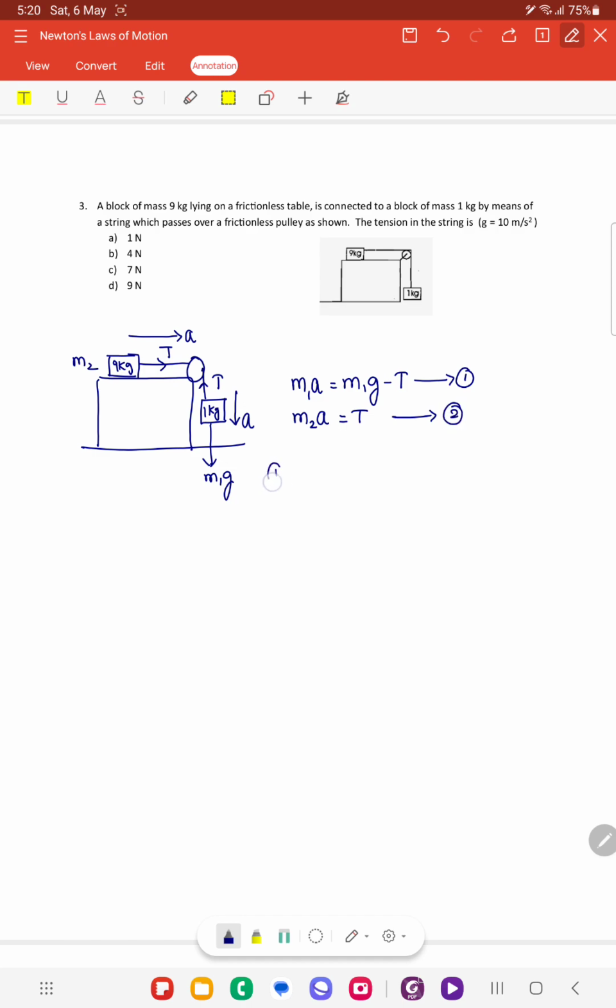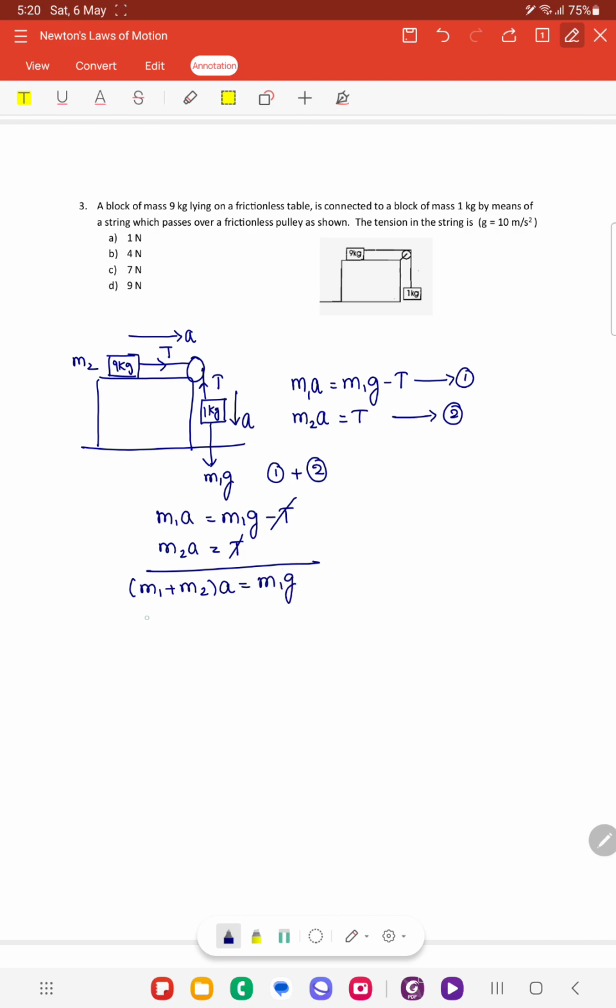Add equation 1 and equation 2. We have m1a is equal to m1g minus T, m2a is equal to T. When we add the two equations, T and T get canceled. So (m1 plus m2) into a is equal to m1 into g.